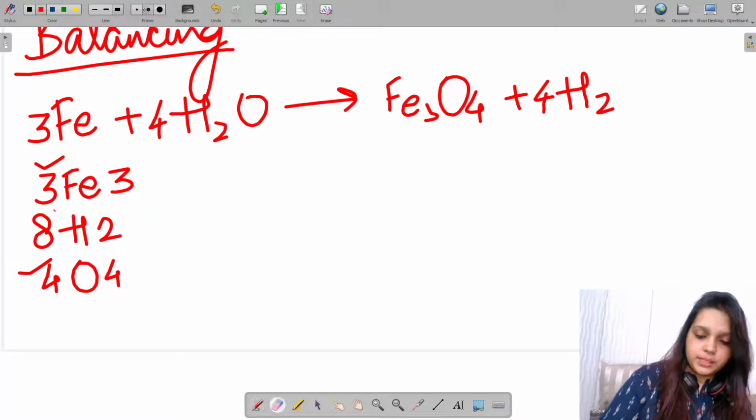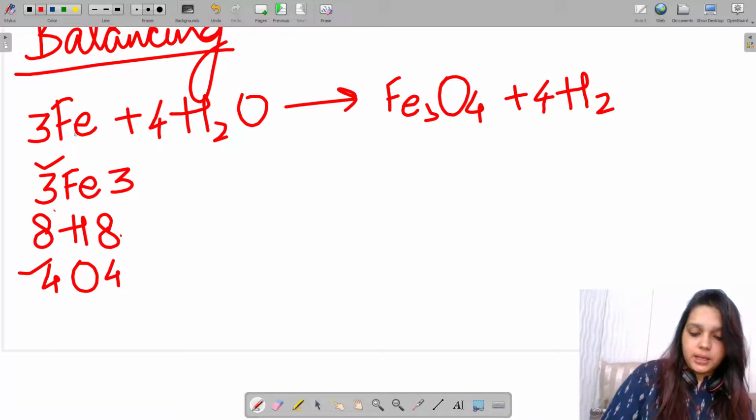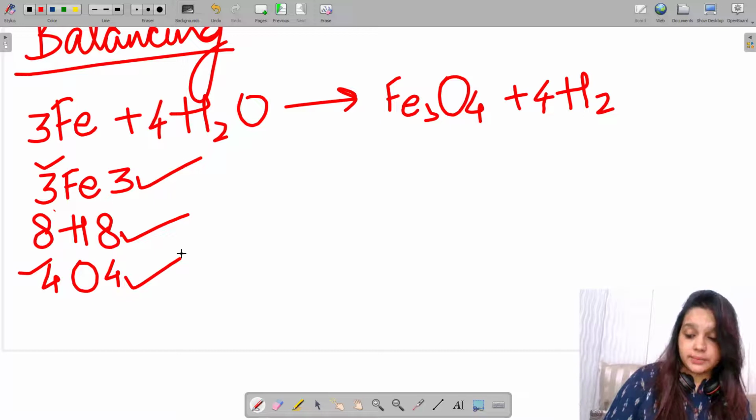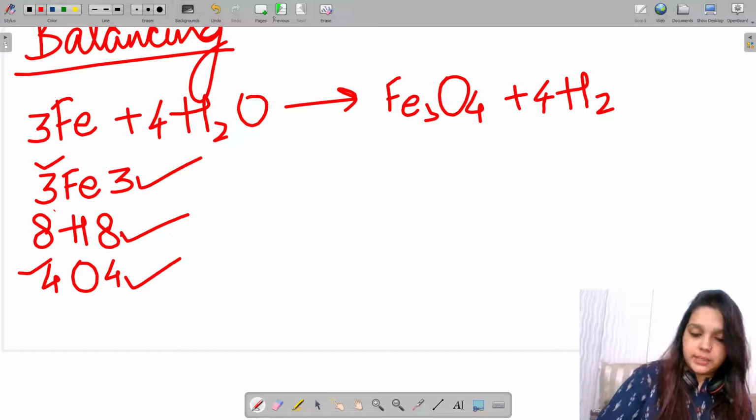So which makes my right hand side also 8. Now quickly cross check. Fe 3 here, 3 here, done. H 4 to 8, 4 to 8, done. O is 4, O is 4, done, right? This is how easy it is, right? Let's take another example.